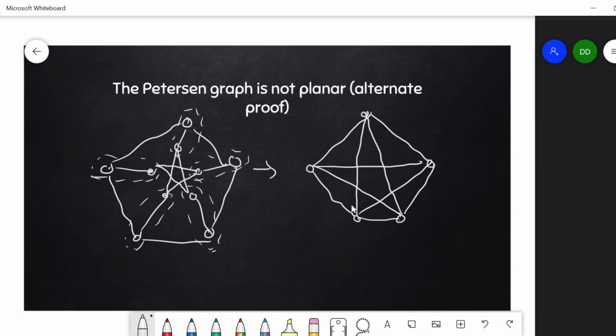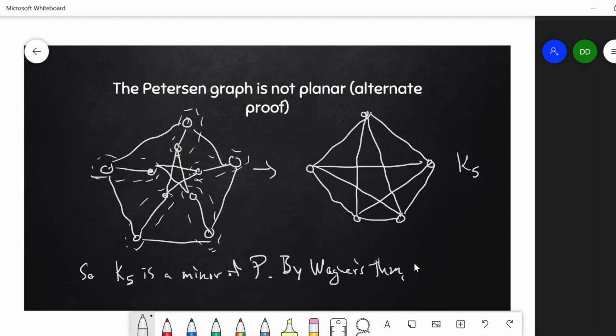And what do you know? I have K5. So we would say K5 is a minor of the Petersen graph. And then by Wagner's theorem, the Petersen graph is non-planar.